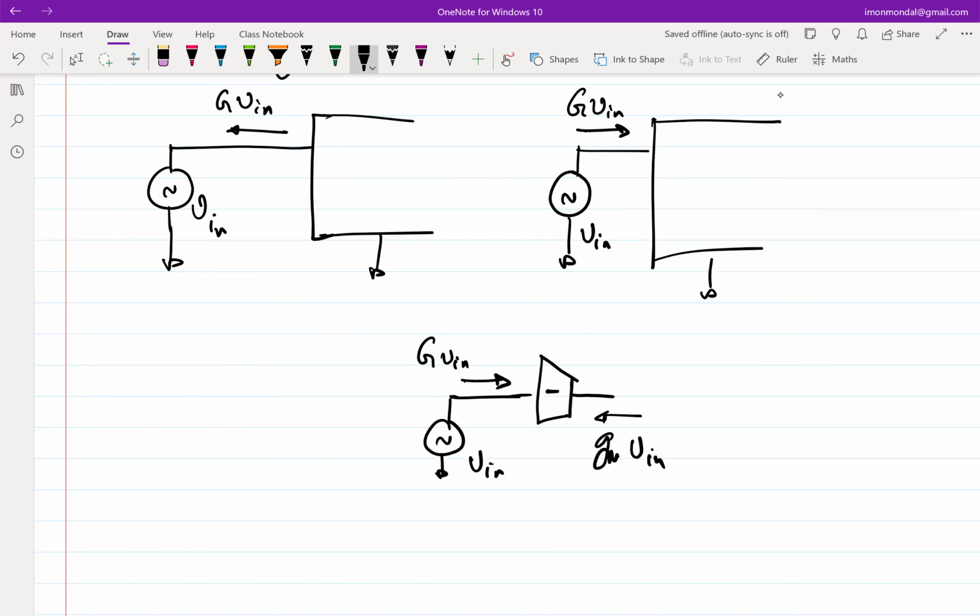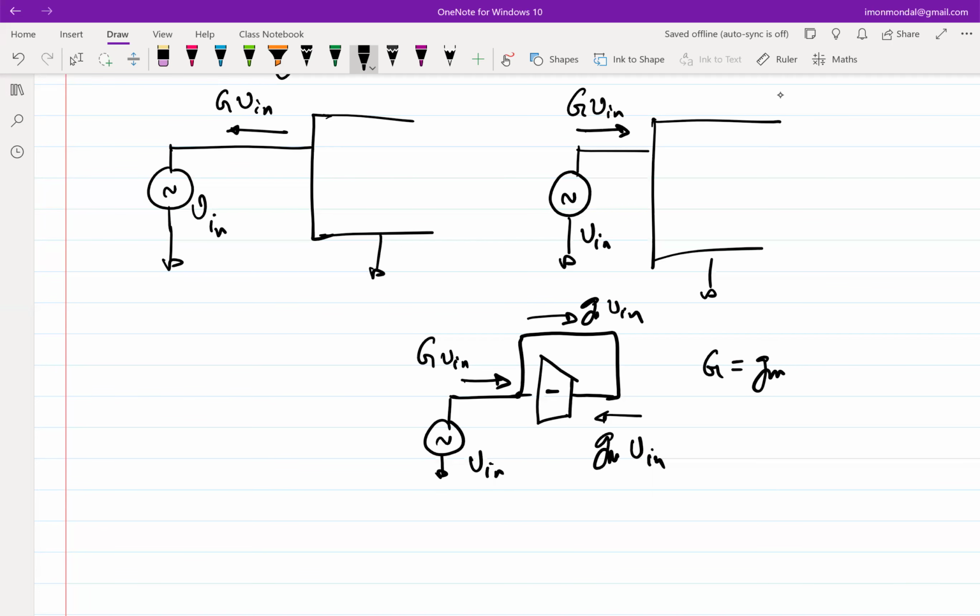Yeah, you just put it in negative feedback, right? So the current that goes in is, in this case, Gm times V in. So in your case, your G becomes equal to Gm. All you have to do is size your transistor or bias your transistor in such a way that Gm is equal to the G you desire, and you are done.